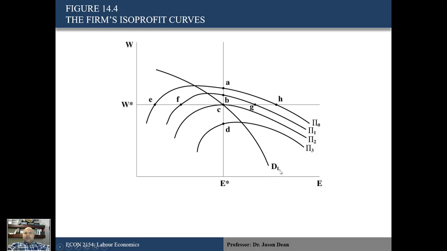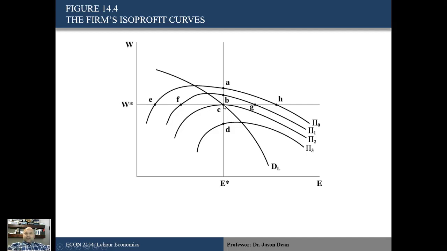Remember, the labor demand curve is obtained from the profit maximizing behavior of the firm given wages. So that's the competitive market outcome, right? Where the firm takes the wages given and then just maximizes their profit by choosing an employment level such that the given wage is equal to the marginal revenue product of labor. Okay, so B would be the optimum given this wage.